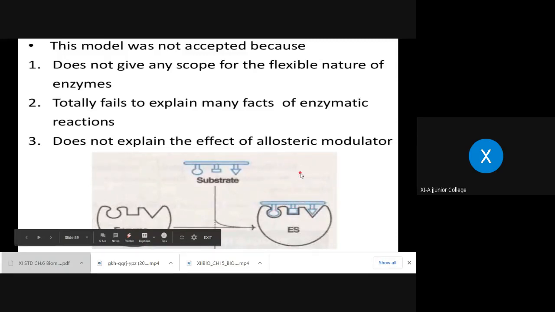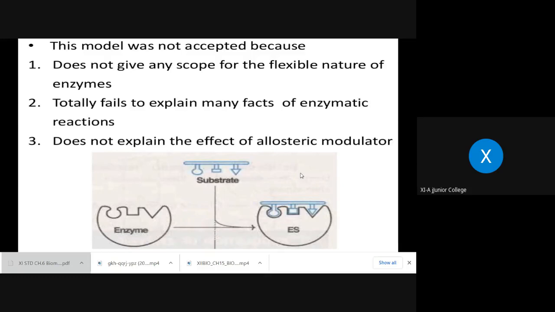But this model was not accepted. Why? Because it does not give any scope for the flexible nature of the enzyme. It fails to explain many facts of the enzymatic reactions, and it does not explain the effect of allosteric modulators.